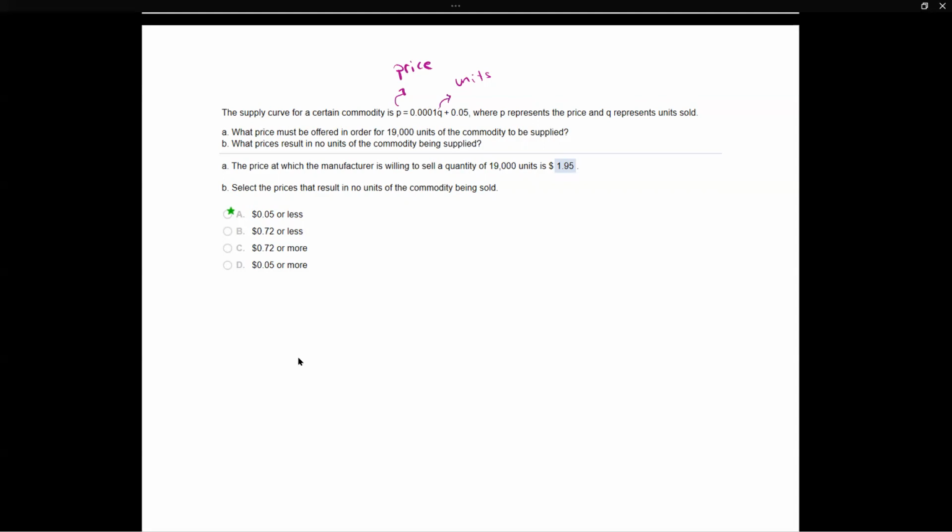What price must be offered in order for 19,000 units of the commodity to be supplied? So Q is 19,000. All right.